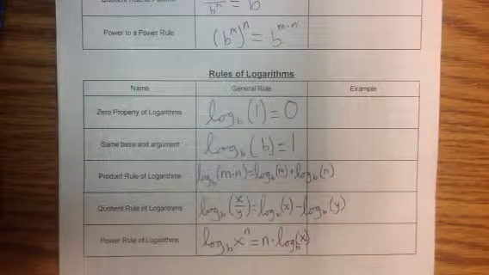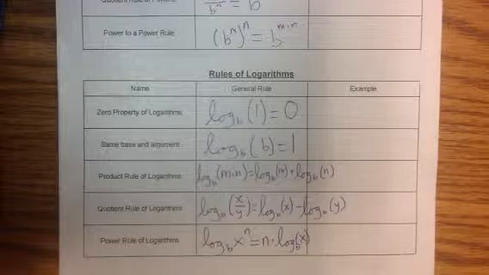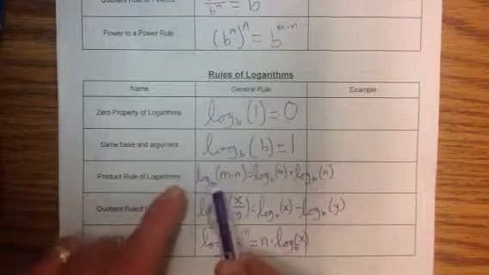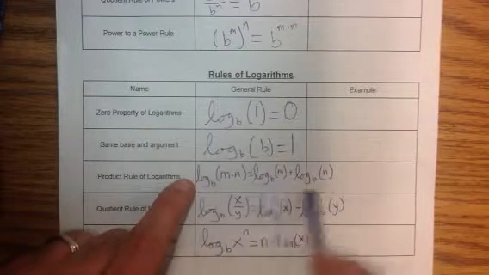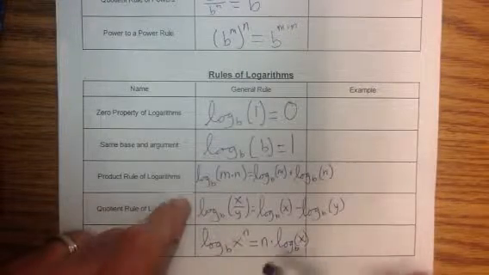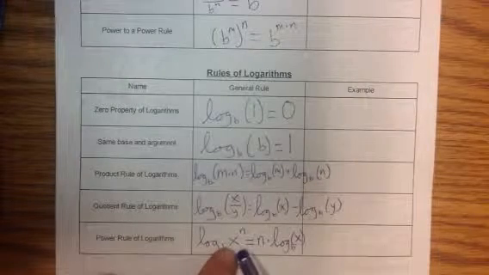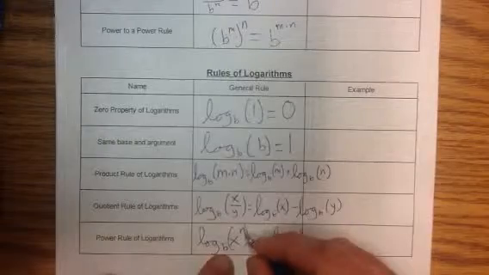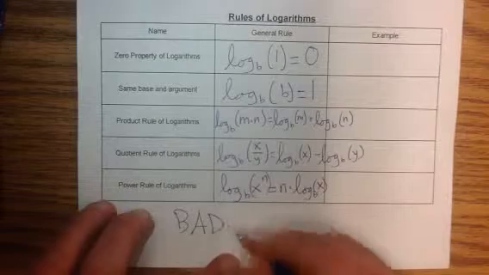I have a couple of warnings for you. These rules can only be used if you have exactly what you see here. For example, the product rule of logarithms cannot be used if there is a 2 on the outside. The power rule of logarithms cannot be used if some of what's inside the argument is not raised to n. Here's something that doesn't work.